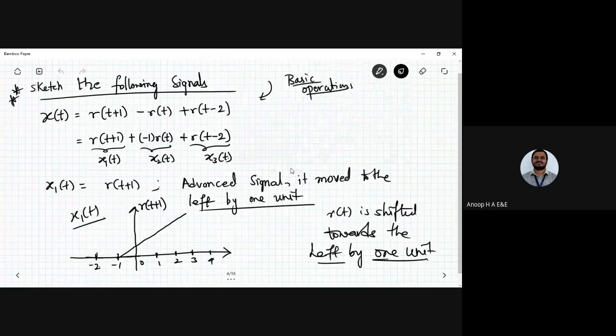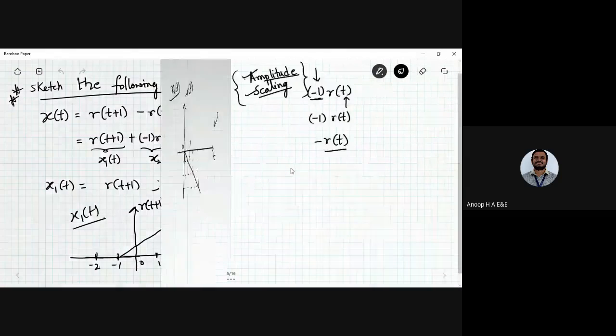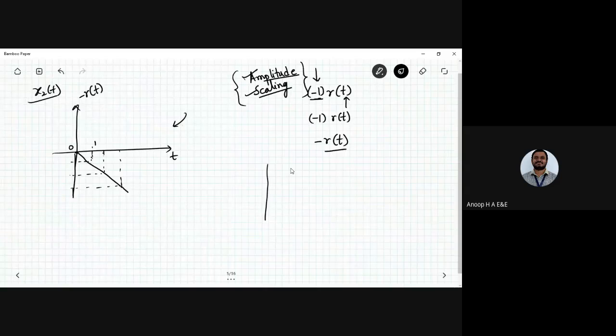Next one that you have here is r of t minus 2. What would it look like? As I already told you, r of t minus 2 is a delayed signal.